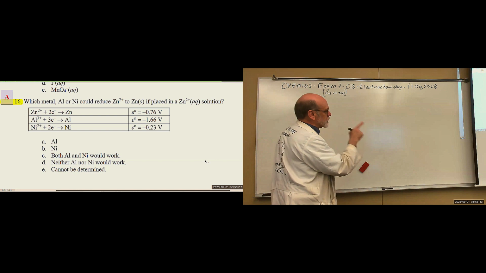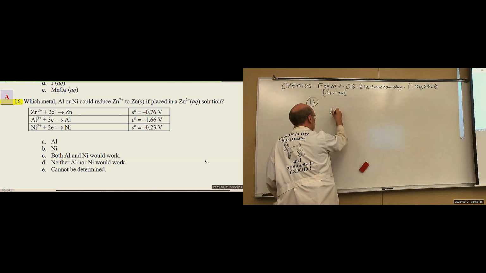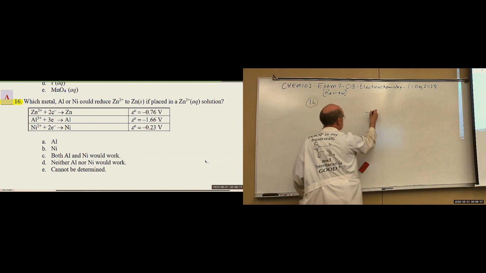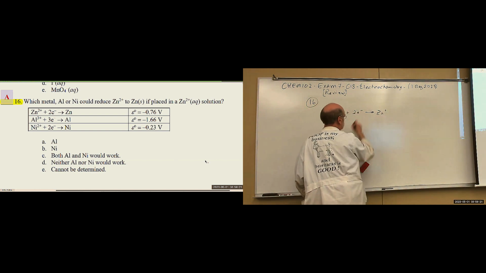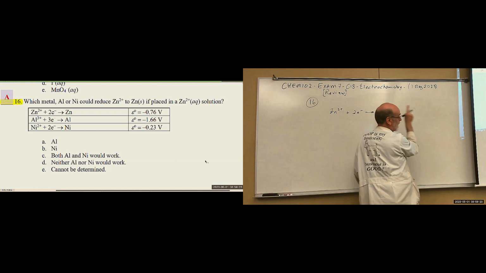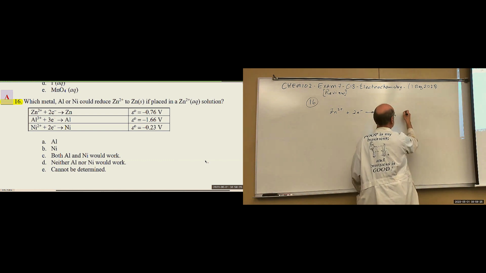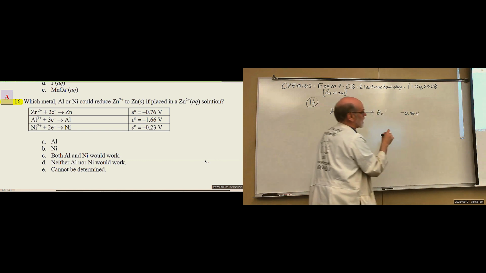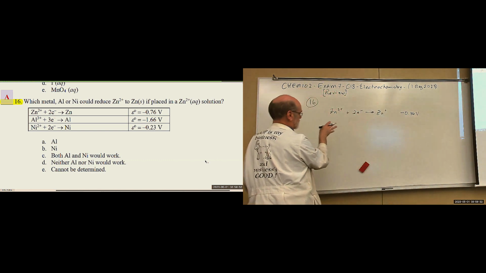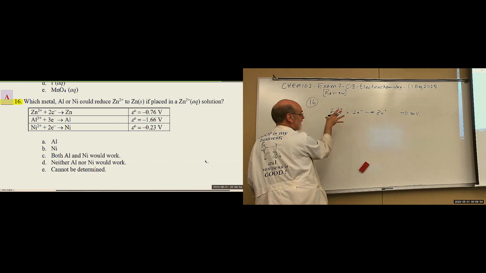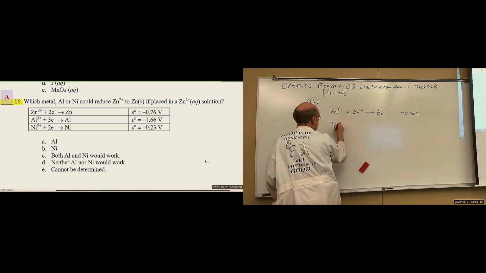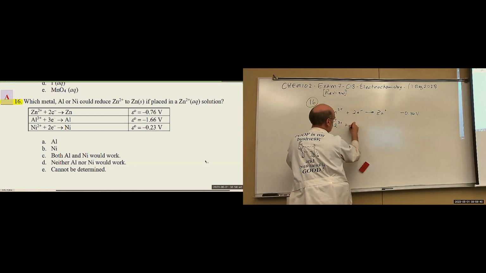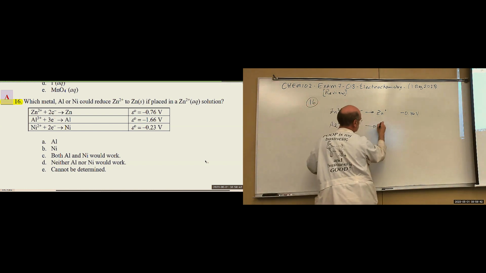So if we're going to reduce Zn2+ to Zn0, we need 2 electrons, right? And as written, its reduction potential is -0.76. And we want to reduce it, so it has to stay that way. The other options we have are aluminum 3+ plus 3 electrons yields aluminum.